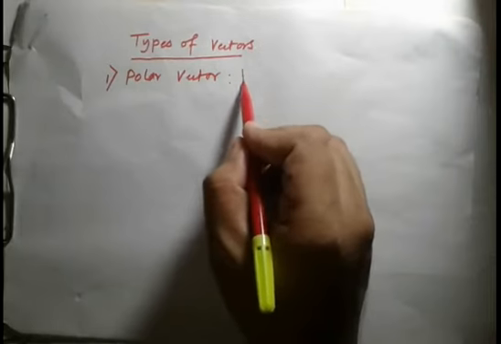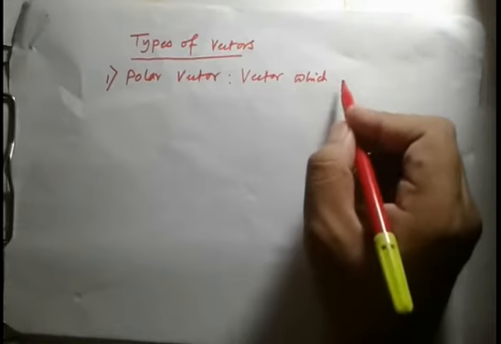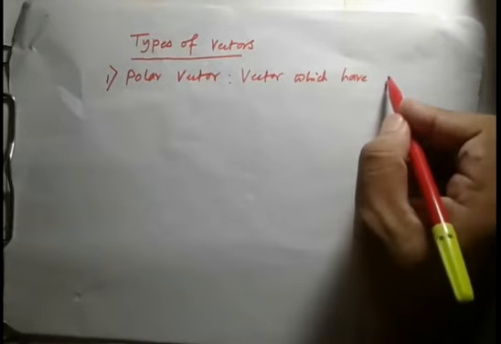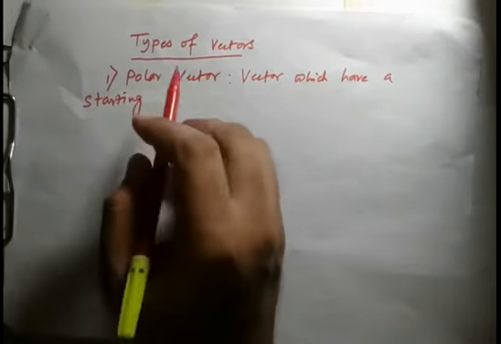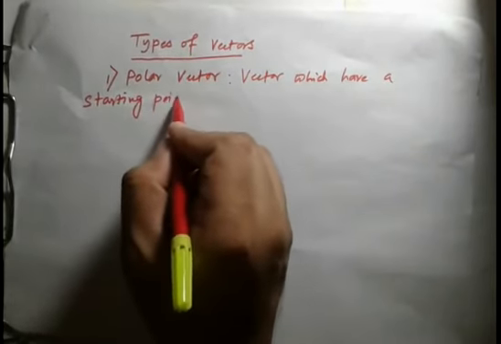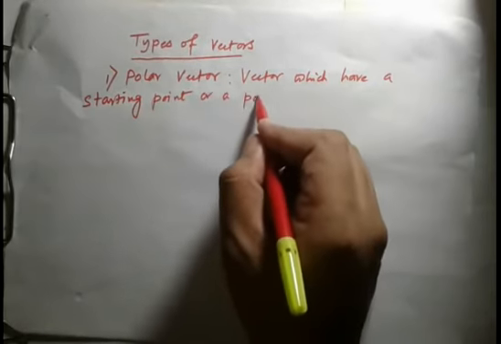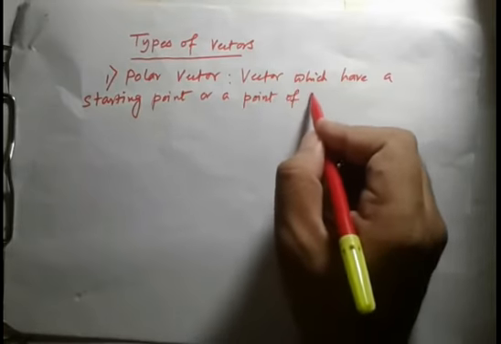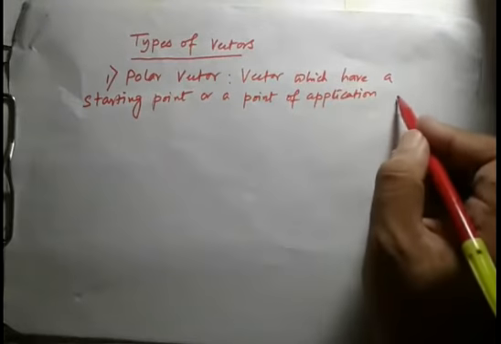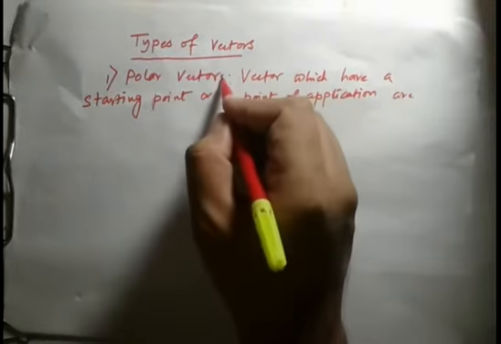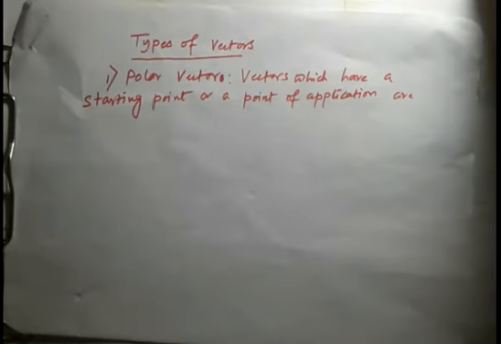Polar vectors which have a starting point or a point of application are called polar vectors.